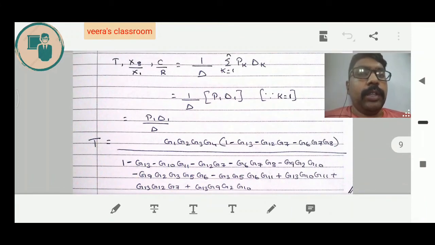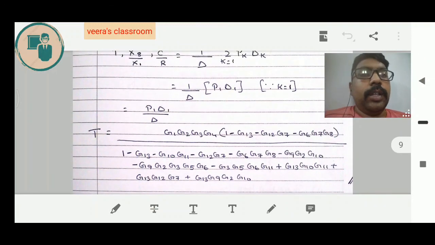Del 1 is 1 minus G13 minus G12 G7 minus G6 G7 G8, divided by 1 minus G13 minus G10 G11 minus G12 G7 minus G6 G7 G8 minus G9 G2 G10 minus G9 G2 G3 G5 G6 minus G3 G5 G6 G11 plus G13 G10 G11 plus G13 G12 G7 plus G13 G9 G2 G10. So this is the value of the transfer function. We have solved the problem.